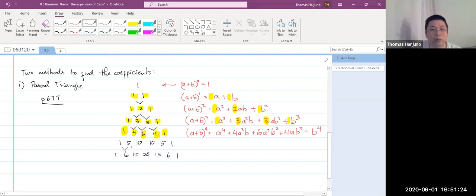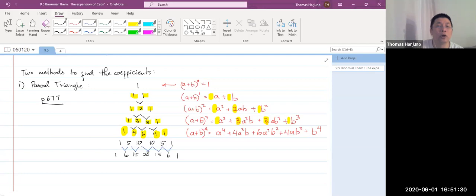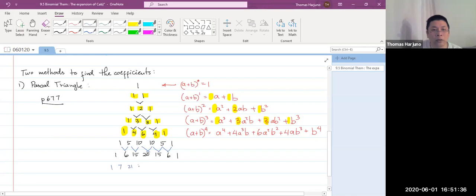This 6 comes from the sum of these two, 15 from the sum of these two, the sum of these two, the sum of these two. So for degree 7, that will be 1, 7, 21, 35, 35, 21, 7, 1.